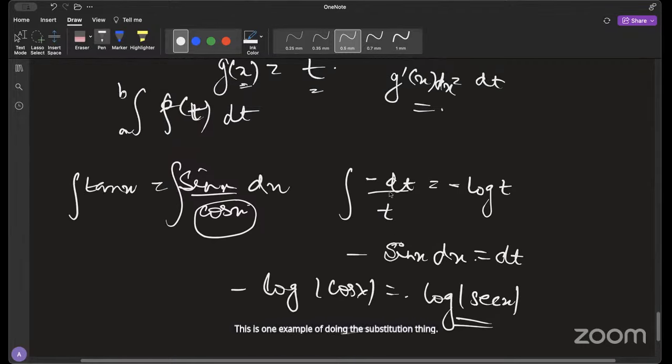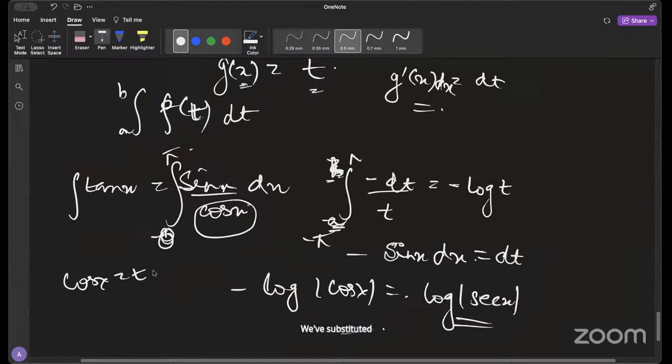Yes, one more point that I'd like to clarify. When you have limits here, please don't forget to change the limits. If you have something, say, from minus pi to pi, just say you had 0 to pi here. So how do you change it? You know that your cos x is t. You've substituted cos x equals t.